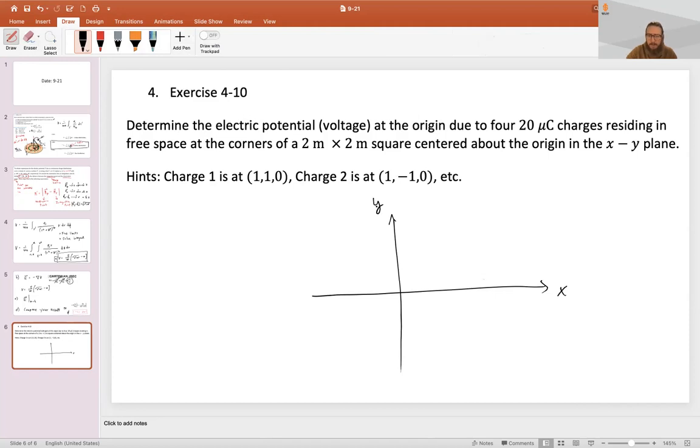On your paper, draw the location of each of these charges. Make a diagram of what is happening in this problem so that we can use it for the final solution.